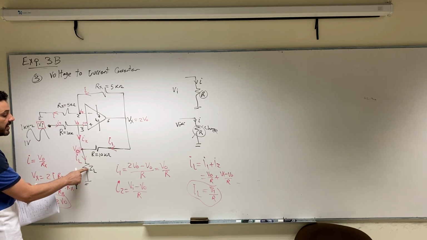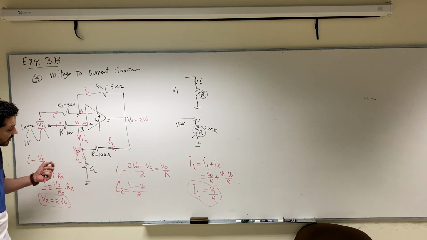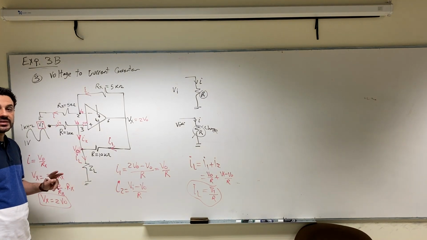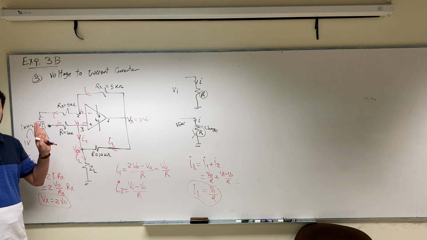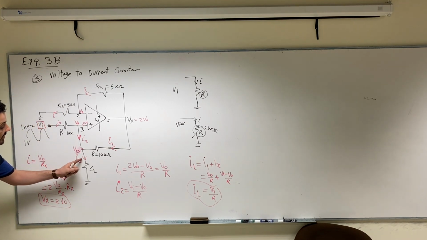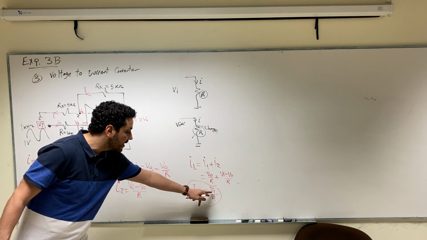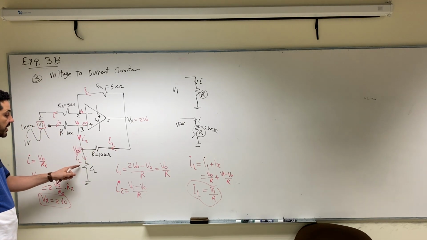It doesn't depend on the resistance of your load, which means that even if you change your computer, you bring any fridge, you bring any other computer or any other device with a different resistance, the current here will be the same. You can control the current here only using V input. You can change V input or the resistance R in order to change the current in your load.